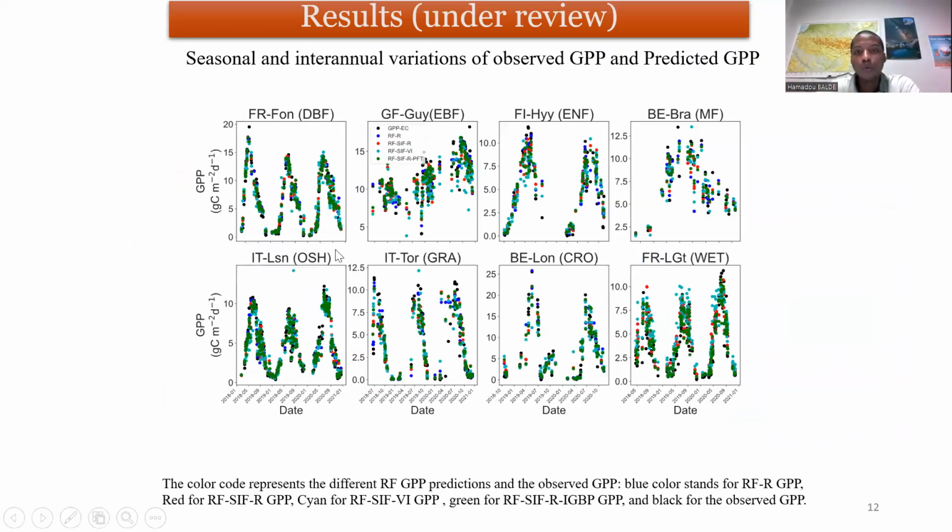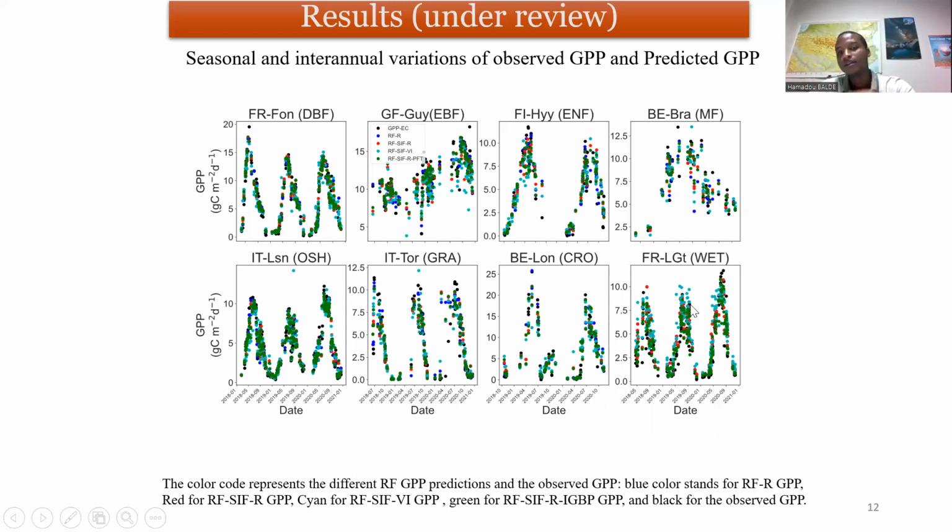So here we are trying to see if our random forest models can predict the seasonal and interannual variation of the observed GPP. What we can see from this figure is that we can track very well the spatial and the seasonal interannual variation of the observed GPP at the different sites that we selected here.